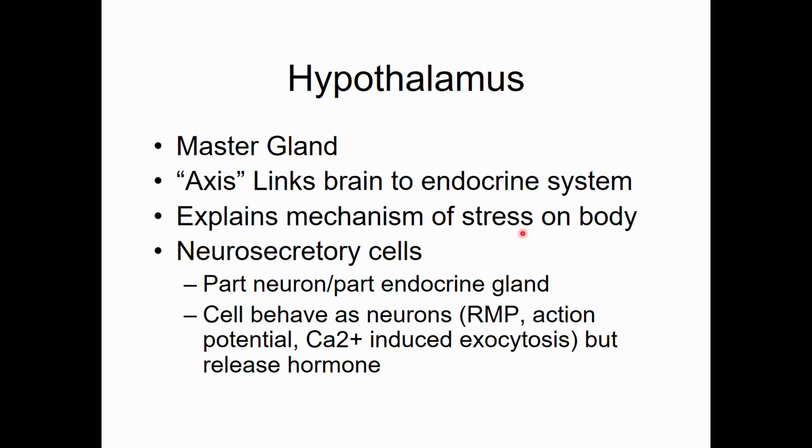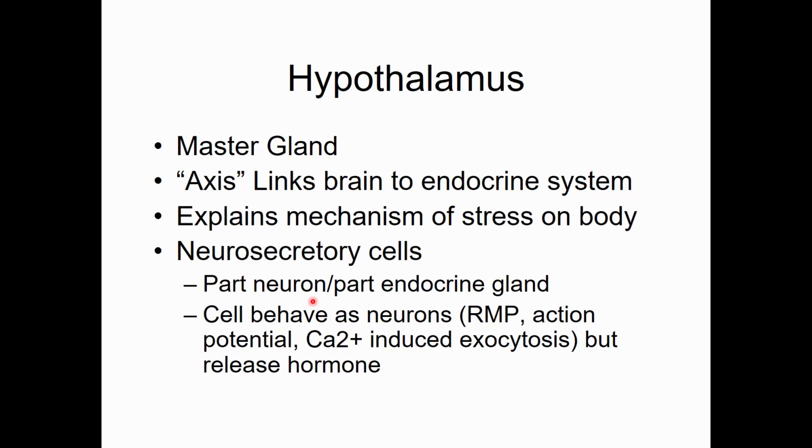The hypothalamus is full of neurons that produce hormones, and so we call them neurosecretory cells. Now they're like a neuron in every way. They have cell bodies, resting membrane potentials, voltage-gated sodium channels, sodium-potassium ATPases, leak channels, they can elicit action potentials, and they have axons.